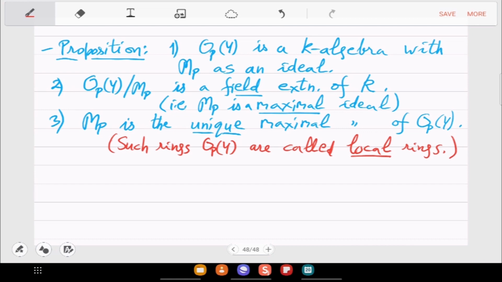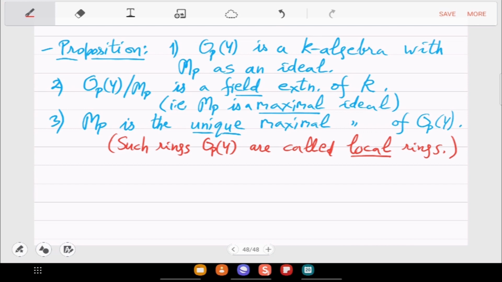Then we defined this notion of O. We defined O_Y, which is the ring of regular functions, and we defined K_Y, which is the field of rational functions, and it will be strictly bigger than O_Y.